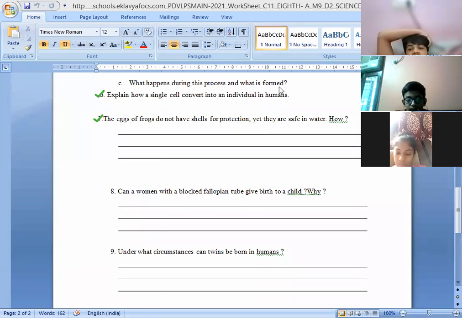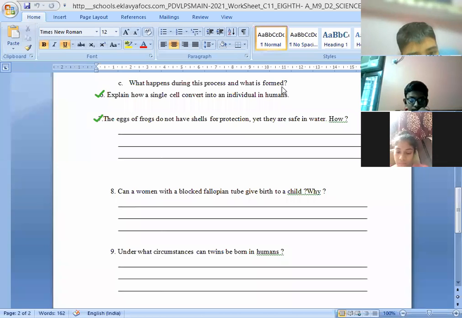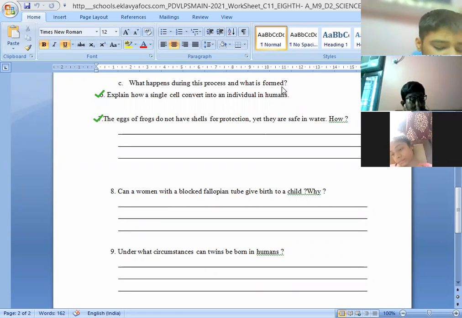Ma'am, yes, they can give birth to the young one because of IVF. Yes, because another way is there, IVF. IVF stands for? In vitro fertilization. In vitro fertilization, that is, fertilization is done outside the body, which is also called a test tube baby. What happens in it? Fertilization takes place outside the body.